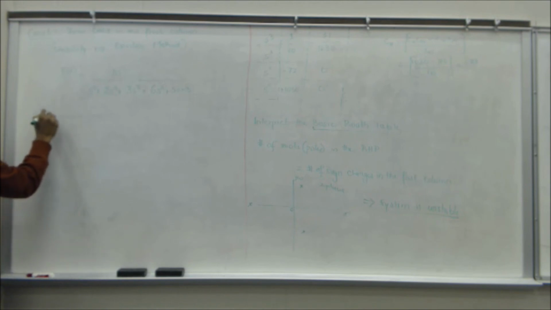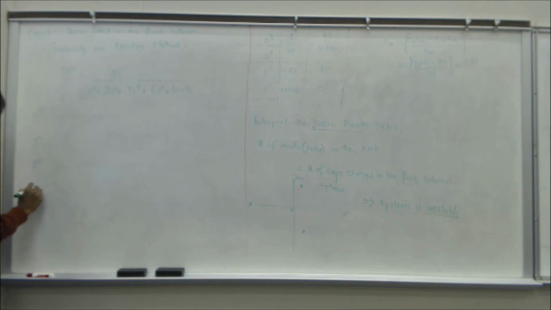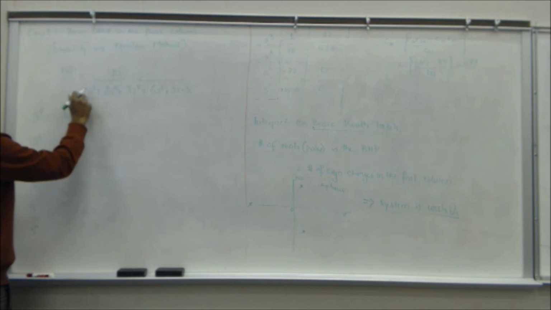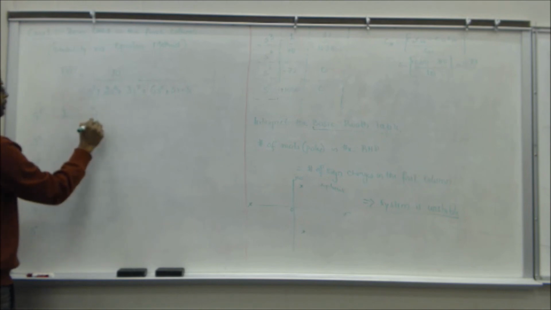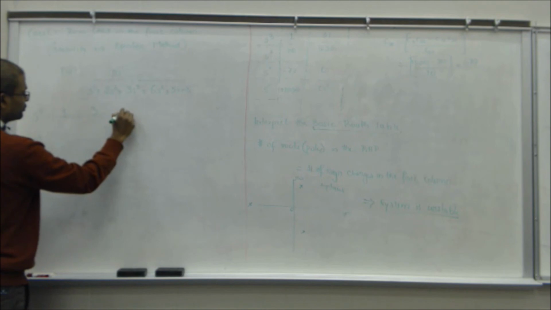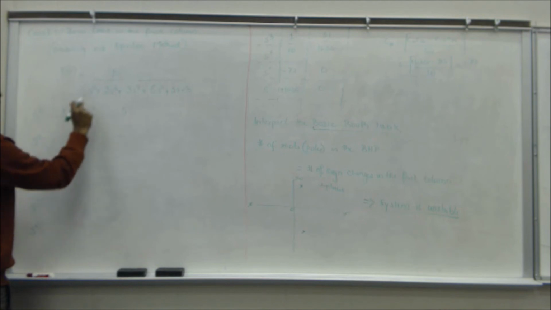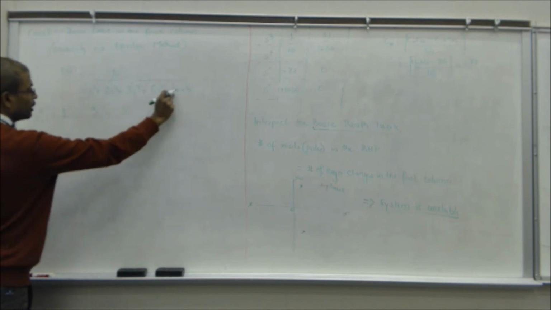How do you populate this? What are the numbers? I have 1, 3, 5.